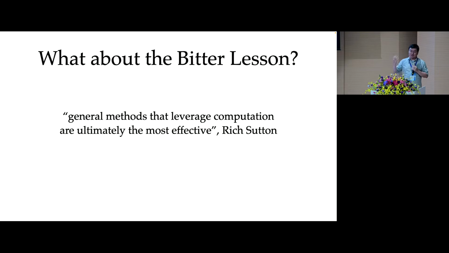So it was kind of human interpretable, but not very scalable. And then later data-driven methods like the Go AI, AlphaGo and AlphaZero, turned out to work better, because they leverage data better. But what is a general method is a very subjective thing. So I want to focus on this part of leveraging computation.